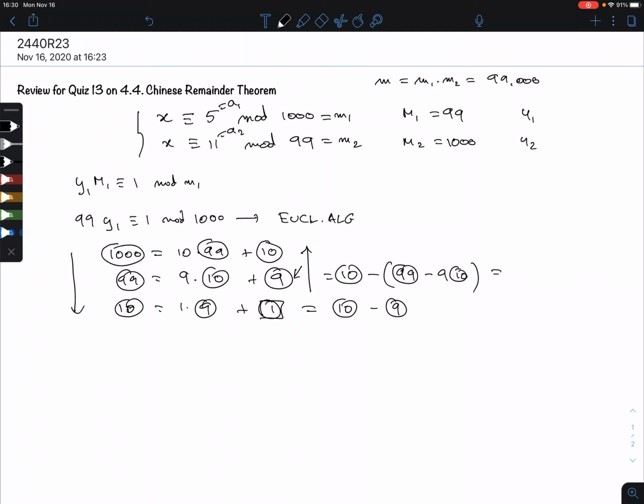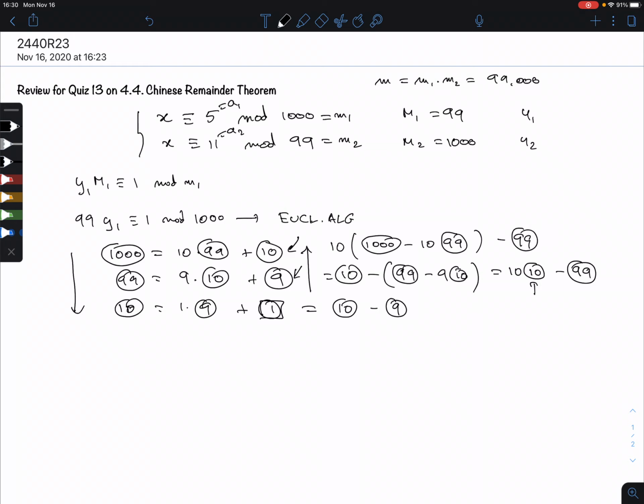So we get plus 10 times 10, be careful, right? Minus 99. And then we can use this 10 to replace this 10 here, so that will become 10 times 1,000 circled, minus 10 times 99 circled, minus 99.